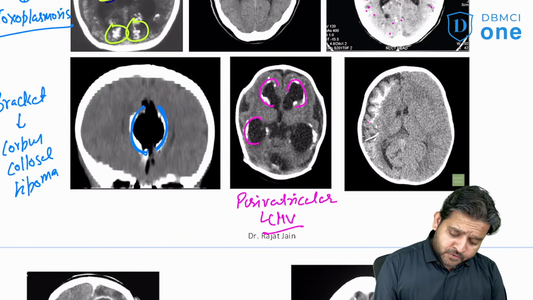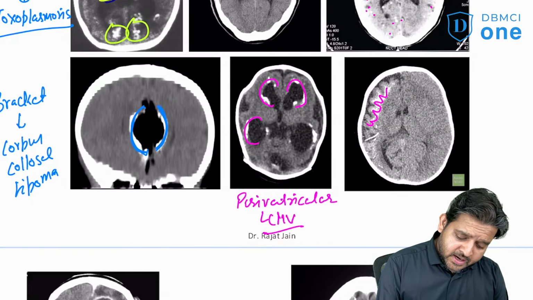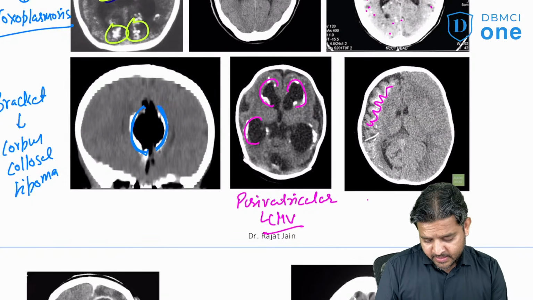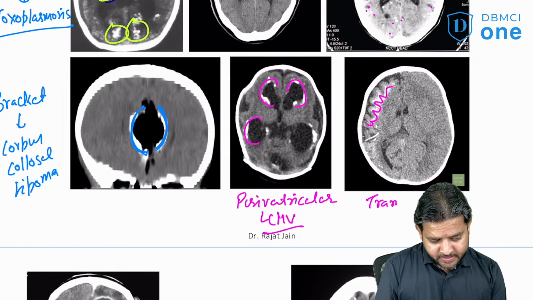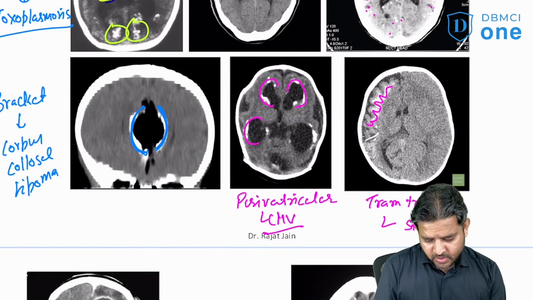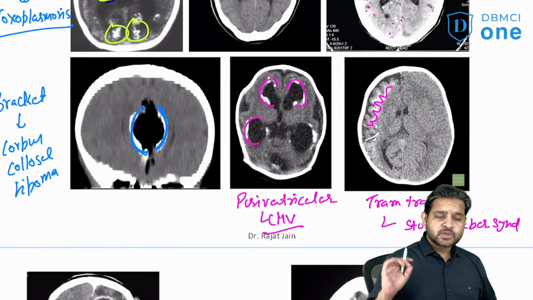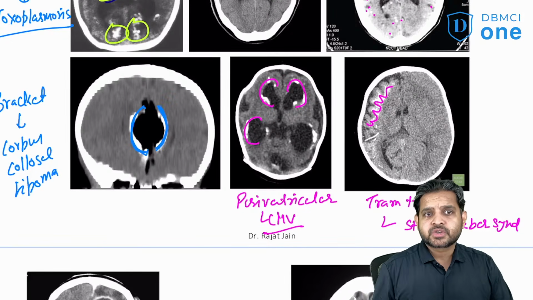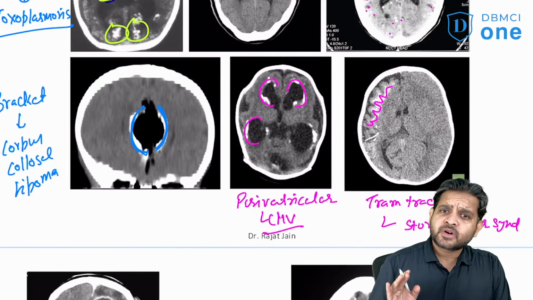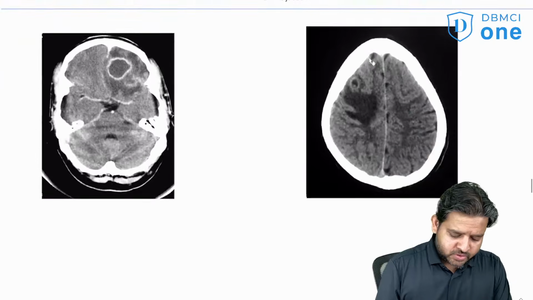Now, if you see calcification along the gyri, this is called tram track pattern, and a tram track pattern is a feature of Sturge-Weber syndrome, right? Very important calcification patterns that one should remember.